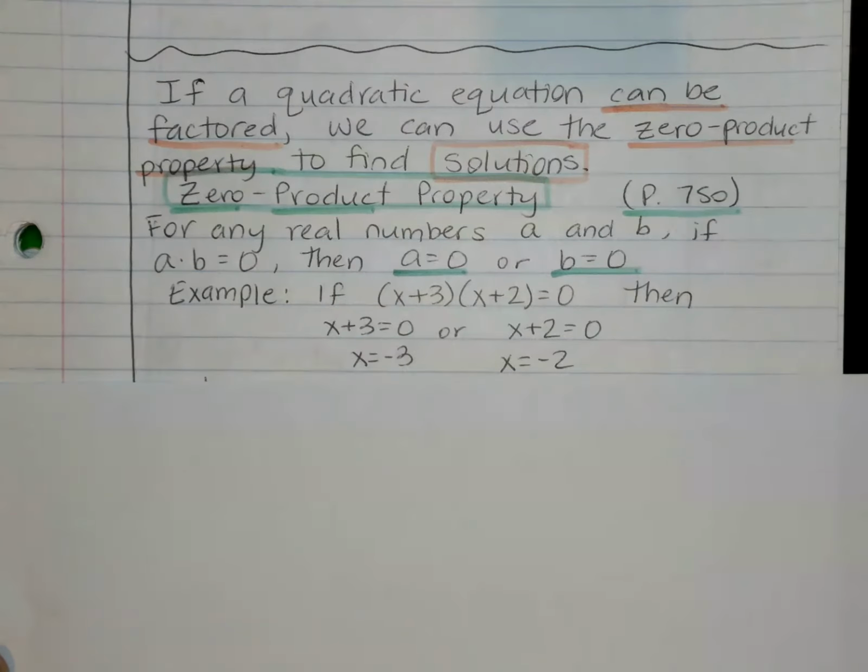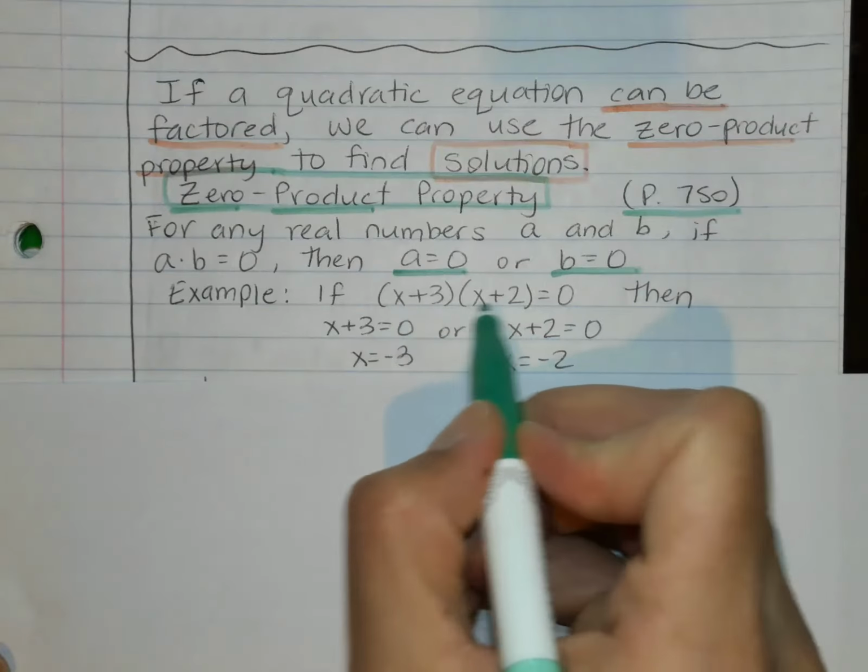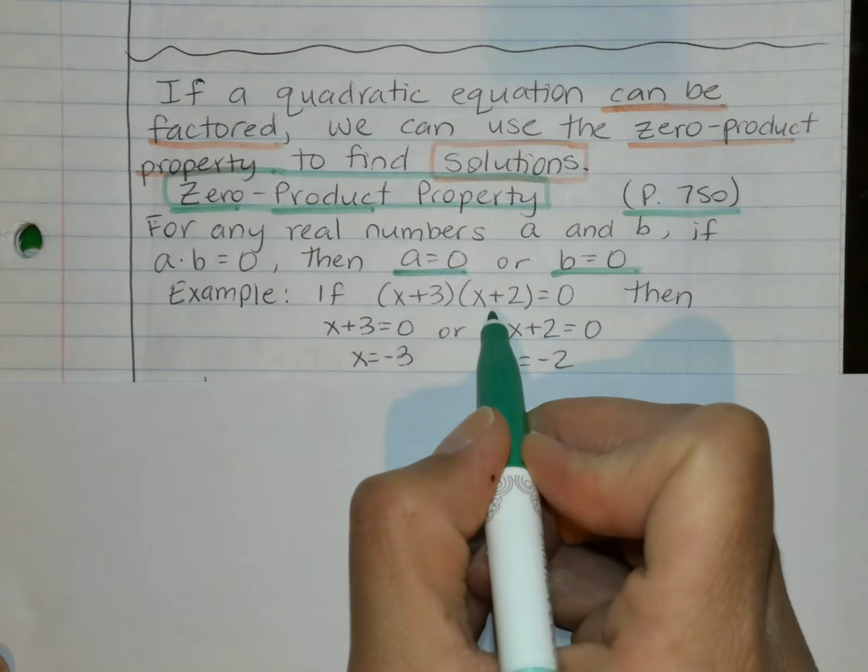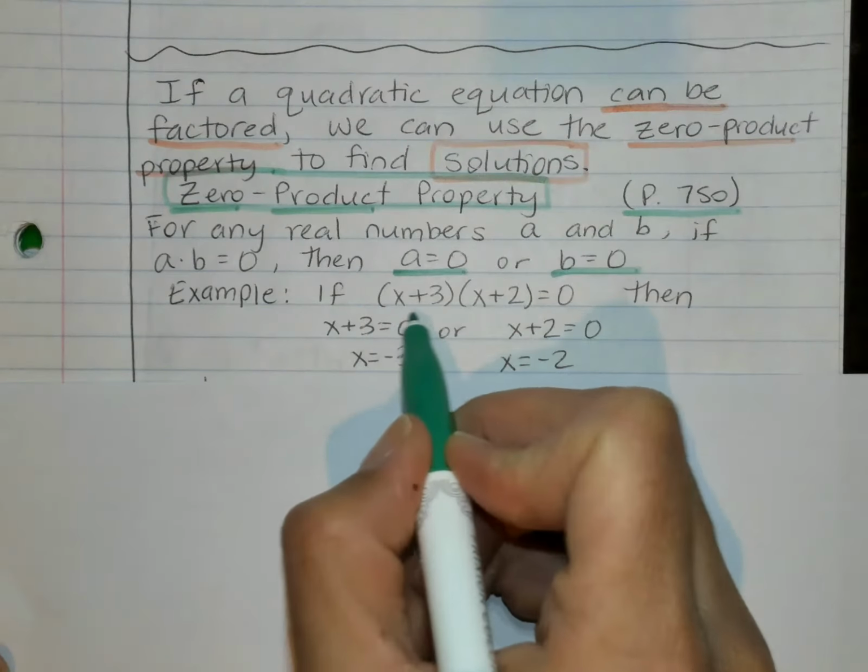So here's an example. This is already factored, just like we've been reviewing factoring, so it's already in a factored form. (x + 3)(x + 2). If that equals 0, then you set each factor equal to 0 and solve. So you kind of see how I split it into the 2 parts.